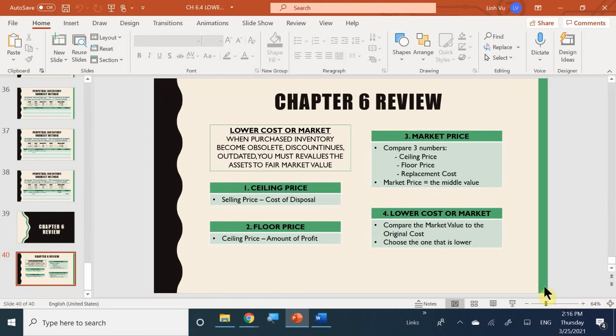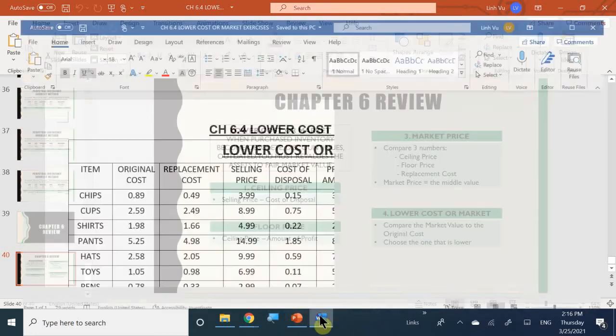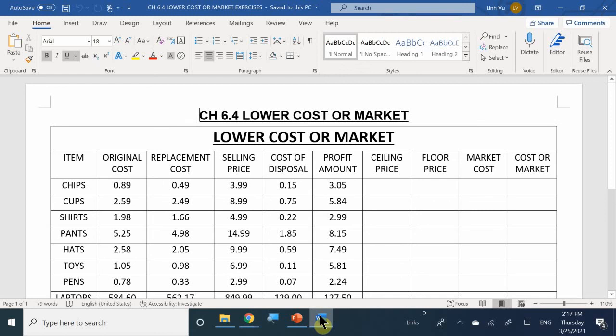Okay. So any other questions? So as long as you have these 4 formulas, or actually 2 formulas and these 2 concepts, right? You should be able to complete this with no problems. Okay, so let's dive right into the exercises.